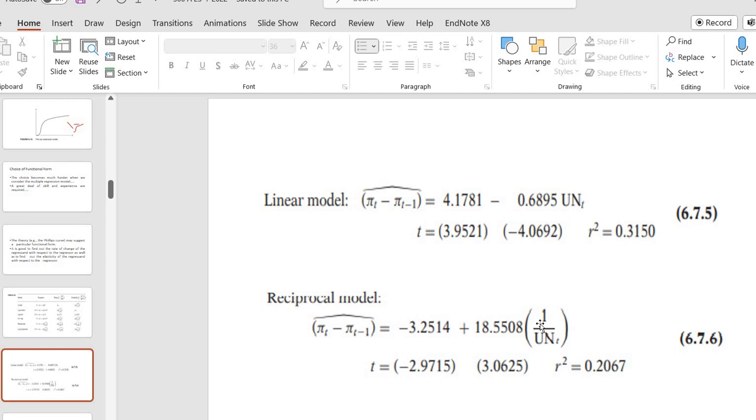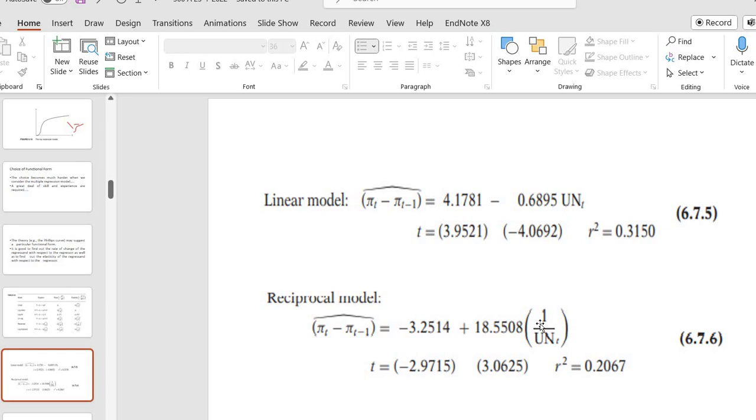All the students from economics are familiar with the Phillips curve, and they also know that it is not a straight line, but generally a U-shape convex type of equation. So for a convex equation, the right model seems like 6.7.6. Actually, I have taken it from your book of Gujarati, from chapter number 6.